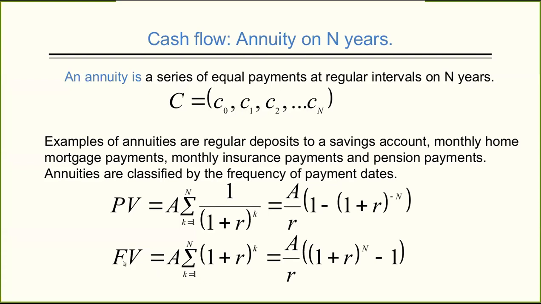There is also the concept of future value. This is present value, but this is future value. It is the situation when you put in an equal sum every year, and what the sum will be at the end of the periods, for example at the end of 10 years.